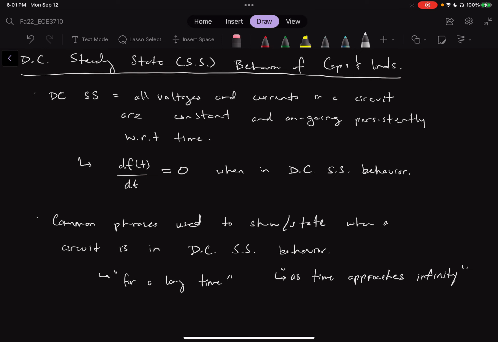That's another common terminology used to show that a circuit is in DC steady state behavior. Okay?